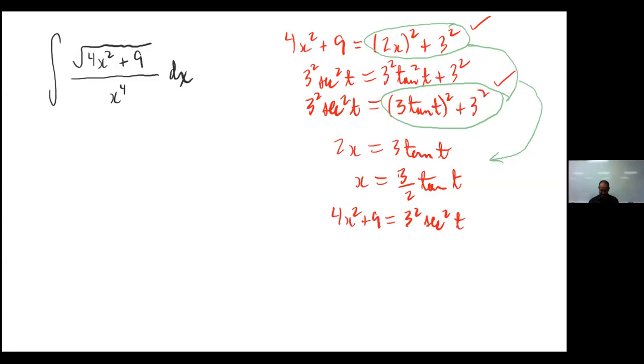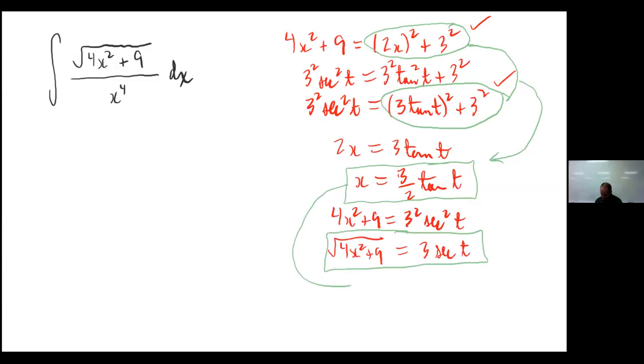And therefore, if I wanted to take the square root of that thing, the square root of 4x squared plus 9, look, this is just how I work on these problems. I'm not even doing the integral yet, I'm just horsing around with some algebra. The square root of this thing is equal to what? 3 secant of t, okay? And I know that x is equal to this thing. So I have x is equal to this, and I have this square root thing is equal to that. I can take this guy and figure out what dx is. What's dx?